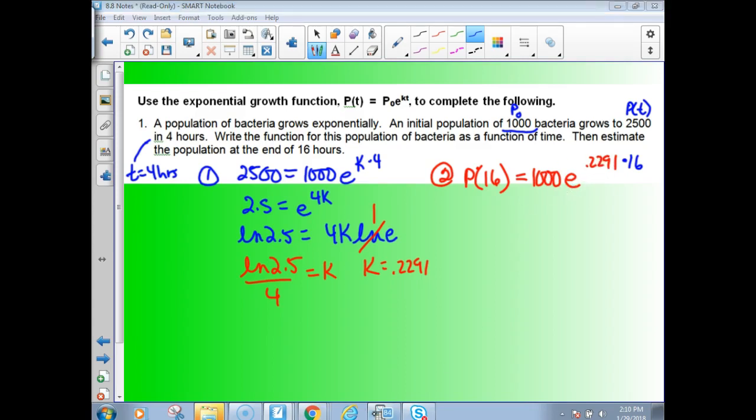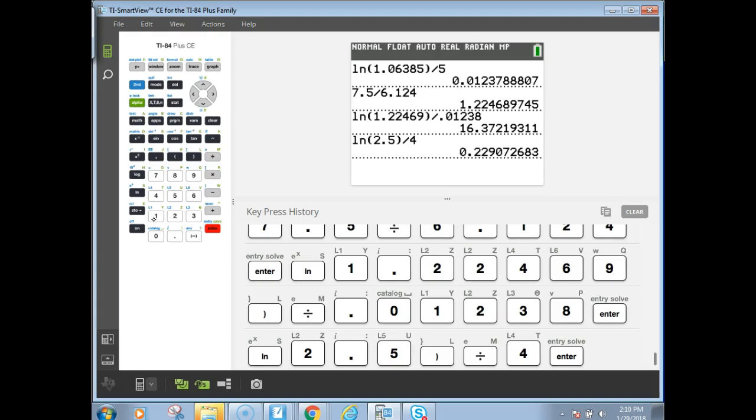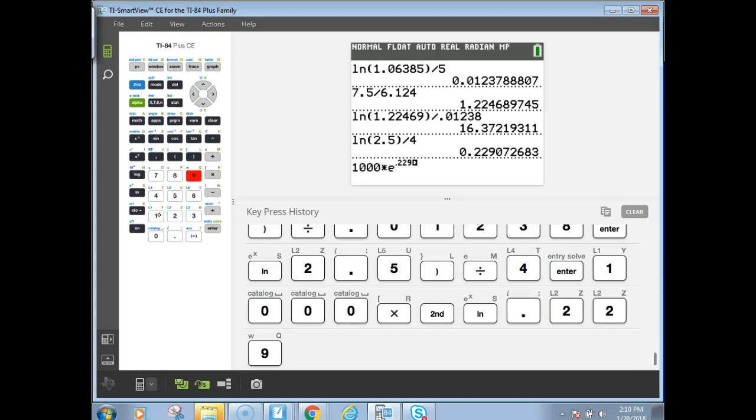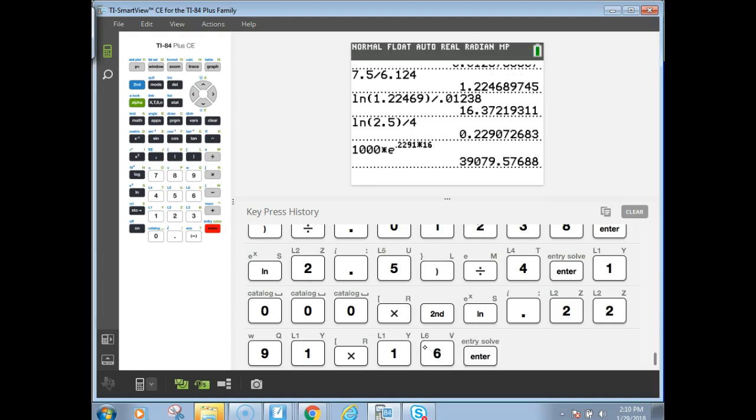So we type 1,000 times e to the 0.2291 times 16. Hit enter. So how much bacteria is that? It's about, let's round it, about 39,080 bacteria.